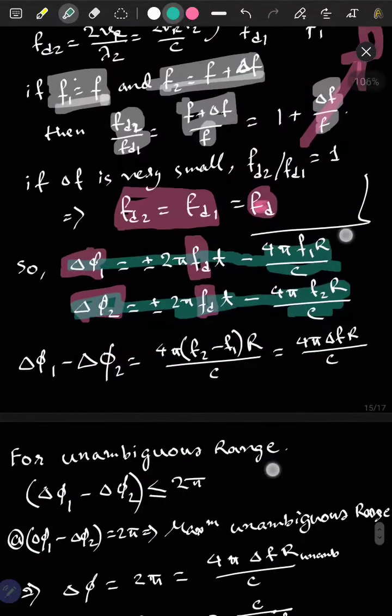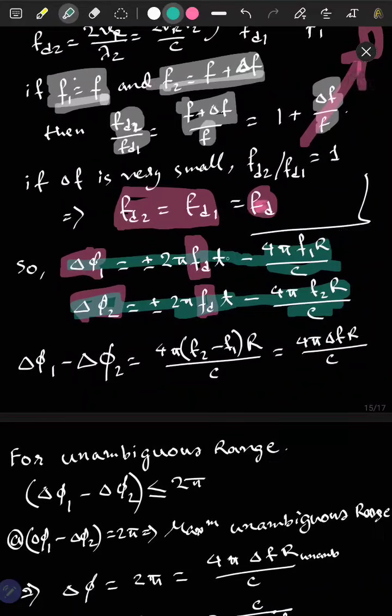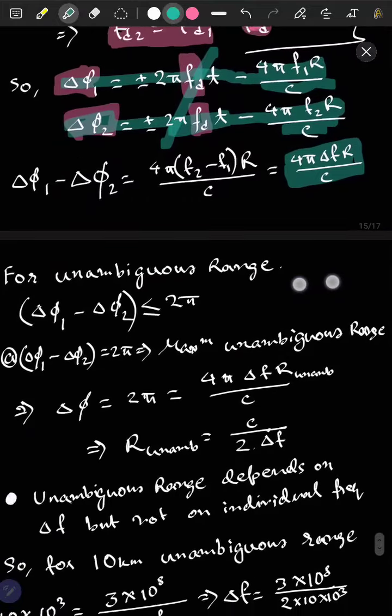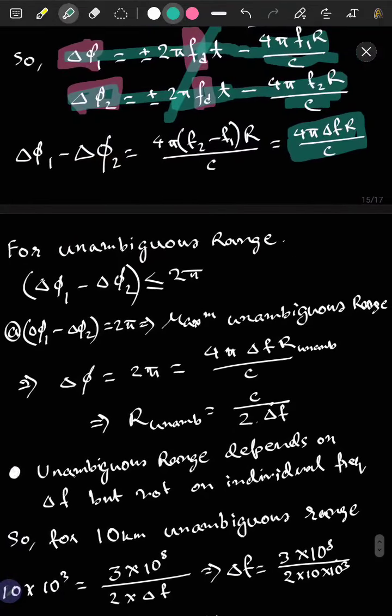If we take the difference of these two phase values, the fd t terms cancel, and we are left with only the f2 minus f1 term, which is 4 pi delta f r by c. So our phase difference is directly related to the frequency difference of the two frequencies used. In this expression we are already getting the range value R.